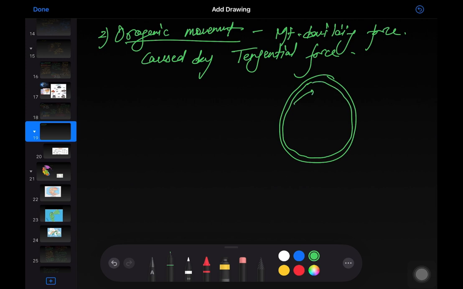Tangential forces move in this direction around the crust in a circular pattern. This is tangential forces. When these tangential forces converge, they compress and resulted into the formation of folds. These folds resulted in fold mountains.